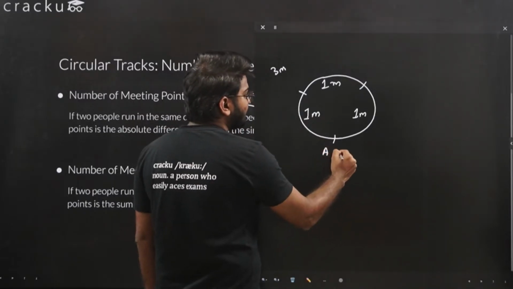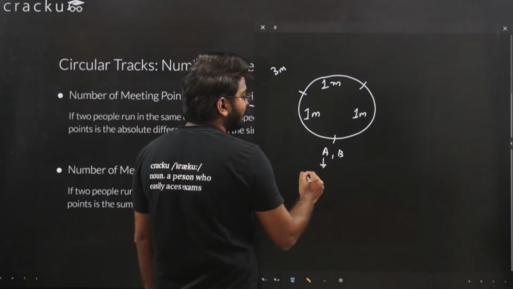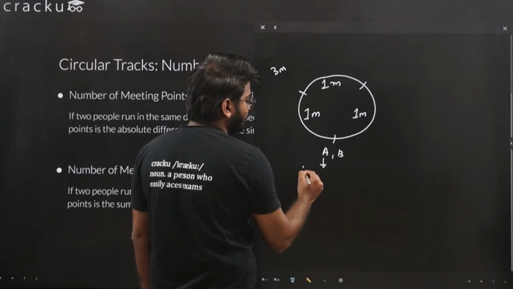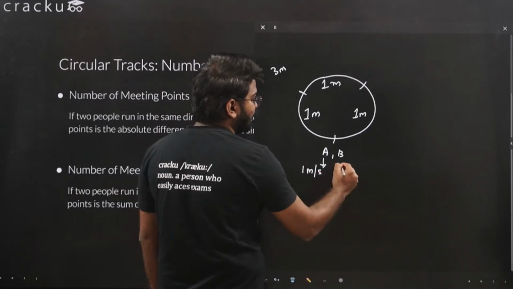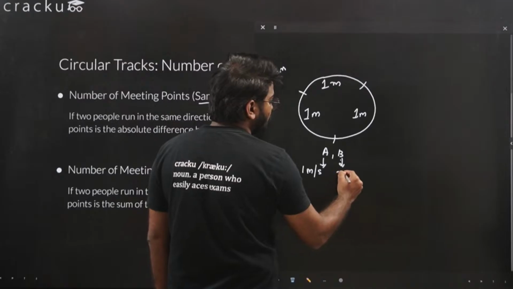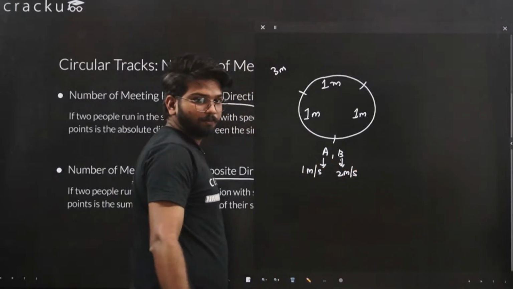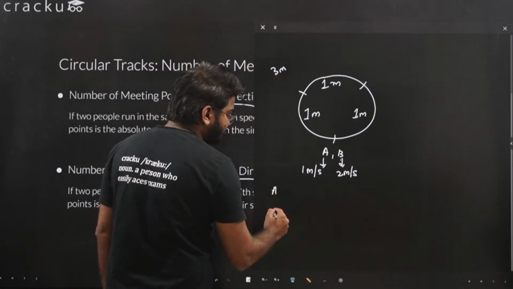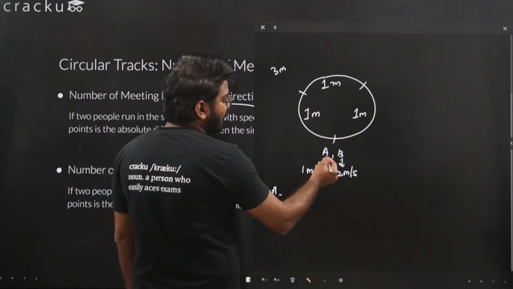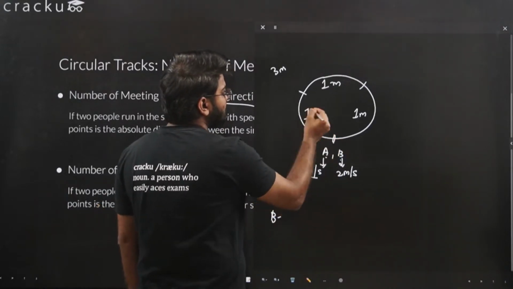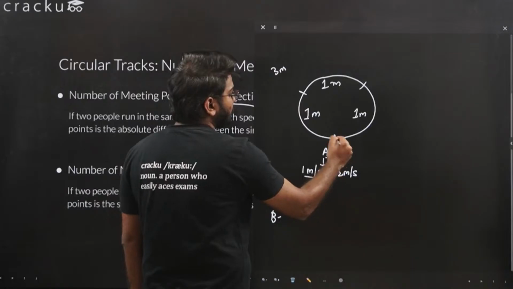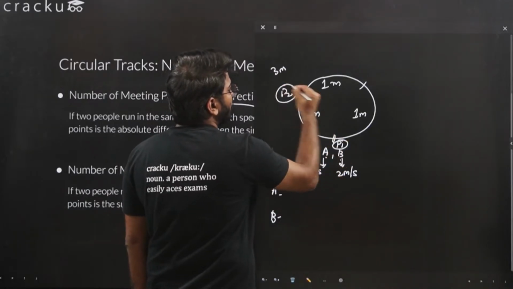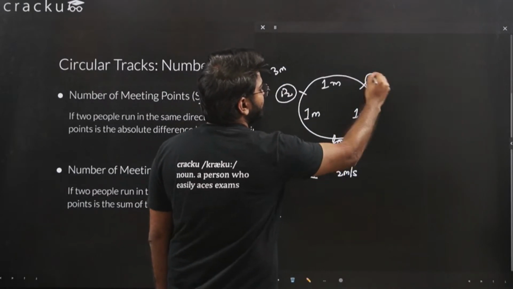A and B are here. A is moving at the rate of 1 meter per second, and B is moving at the rate of 2 meters per second. So after 1 second, A will be where? Let's say this is P1, this is P2, and this is P3.